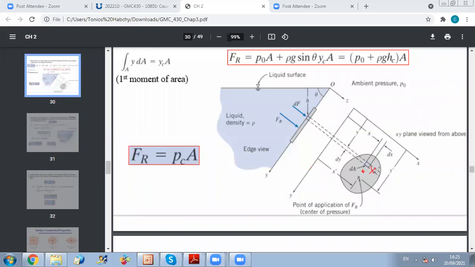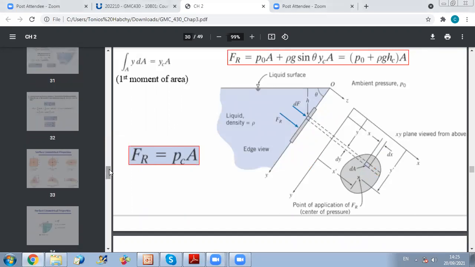This is x of c. Then the center of pressure will be just below it and will have the same x. So in this case, x prime and xc will be equal, but y prime and yc will always be different. Okay. Any question on this?